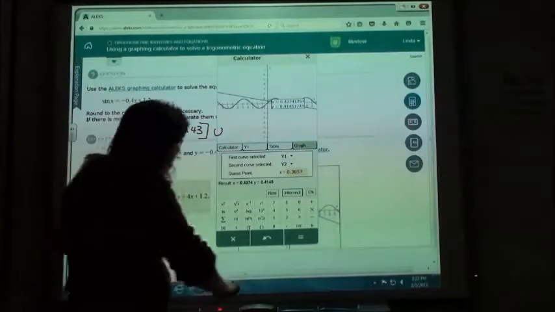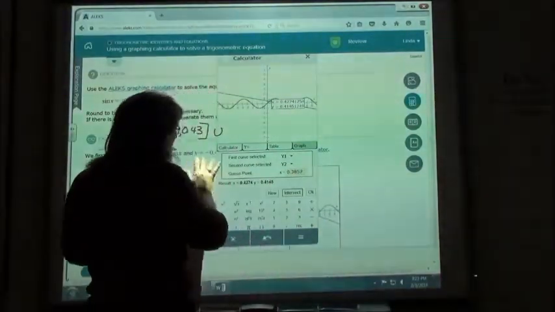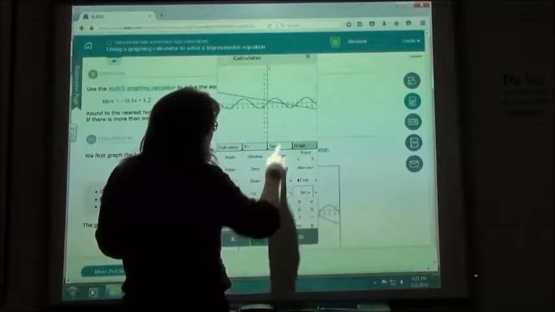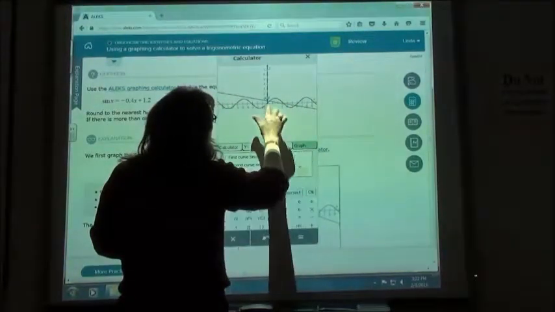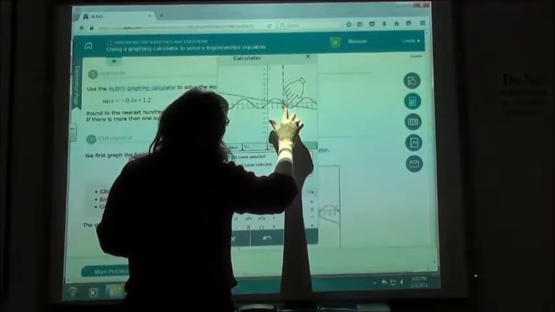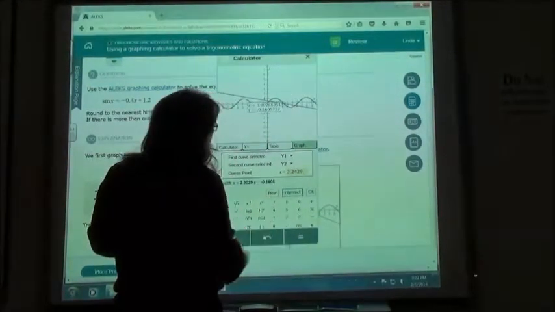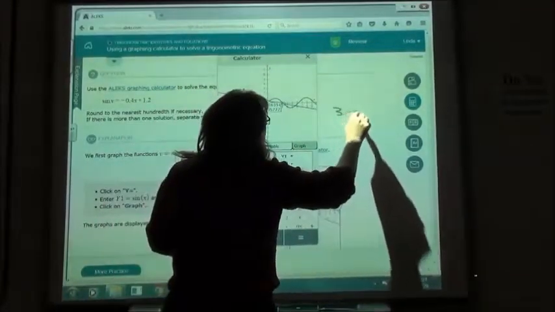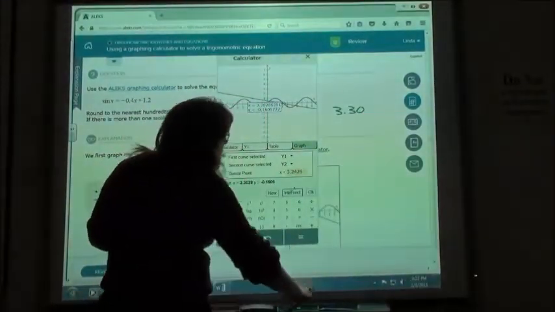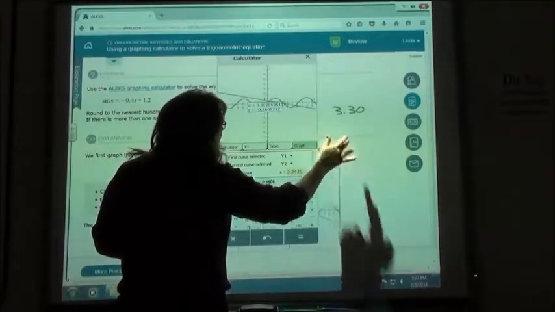And so when I go to the next part here, what I'm going to do is find these two intersections. So intersect, move that over here, click on intersect. That one was at 3.30. It's probably going to erase, but I'm going to write it down anyway.